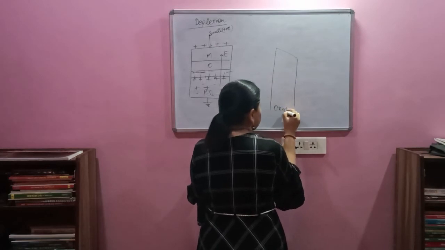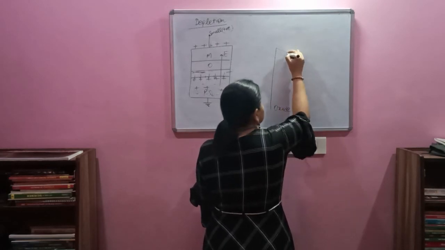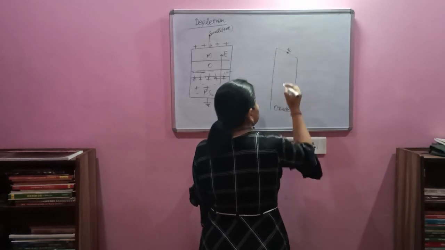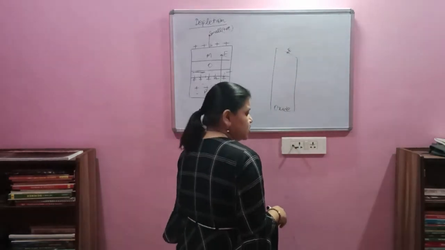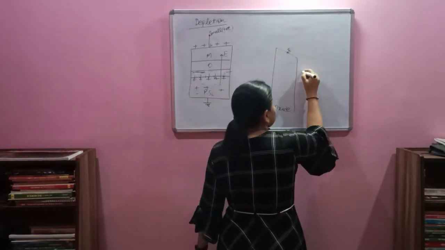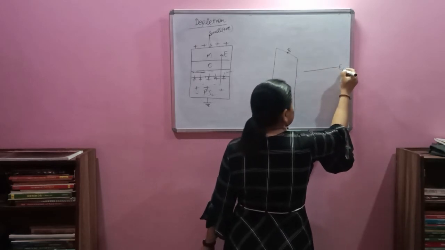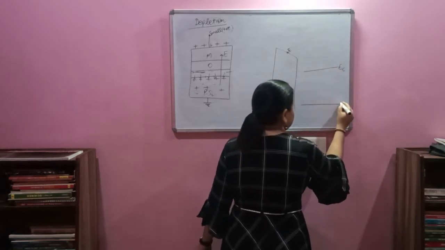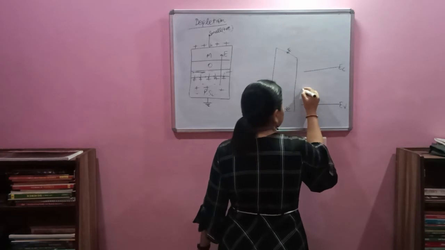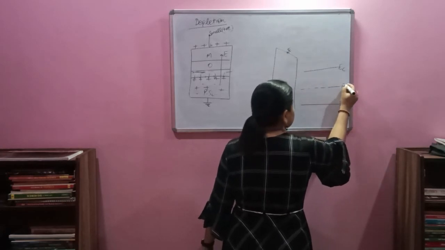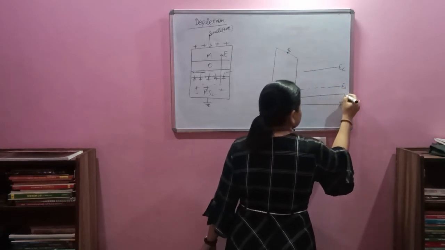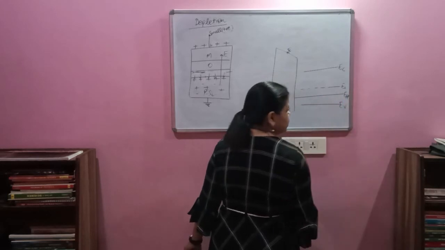This is the oxide over here, showing the electric field. Now here we again have the conduction band, valence band, in between the intrinsic band, and here we have the Fermi potential.